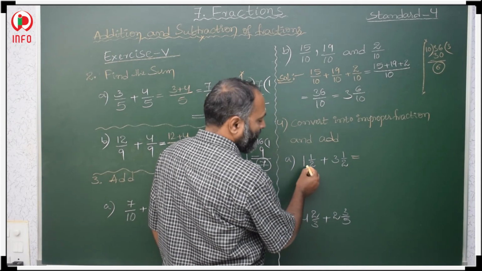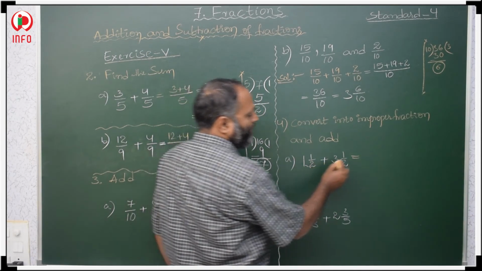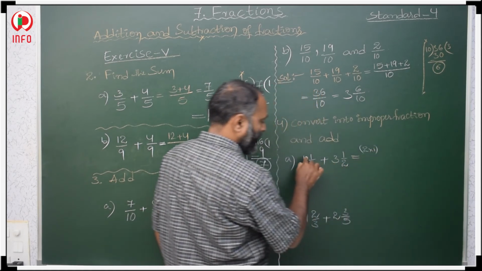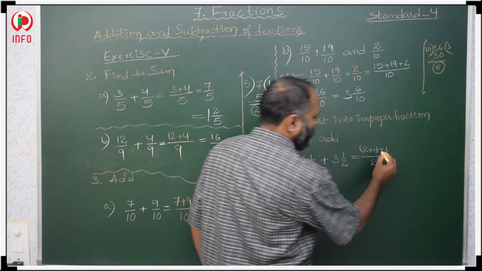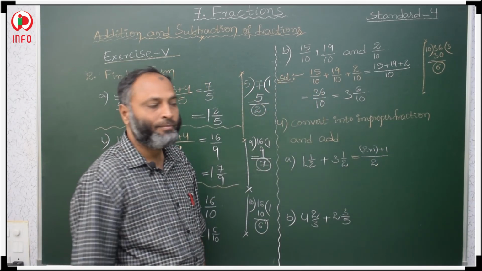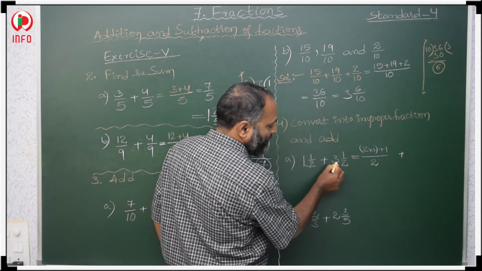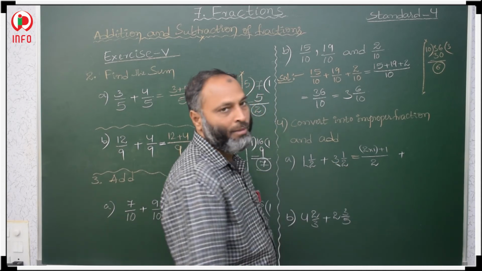Then see here. First we have to multiply these two first: 2 into 1, plus this numerator divided by the denominator, which we take as it is. Plus again we have to multiply these two, the denominator with the whole number.